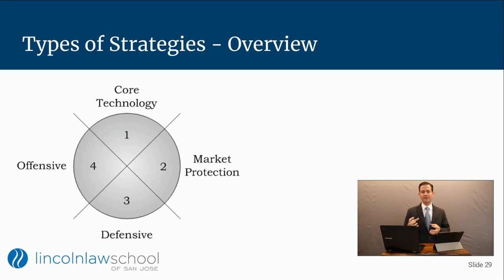You also have these offensive and defensive mechanisms where you want to be able to use patents or defend using patents, and so the strategy being used here will cover different aspects of your invention.